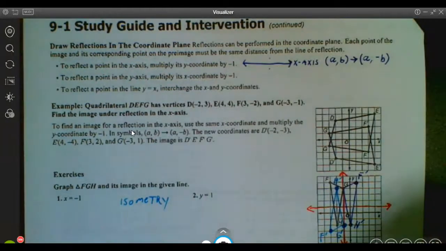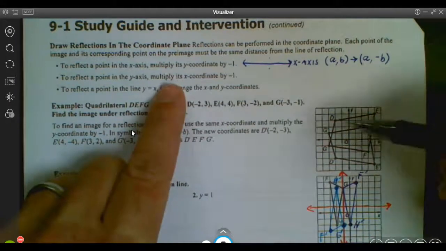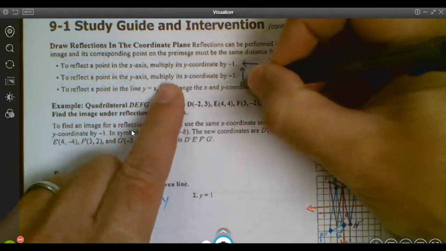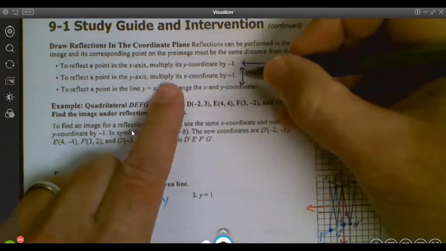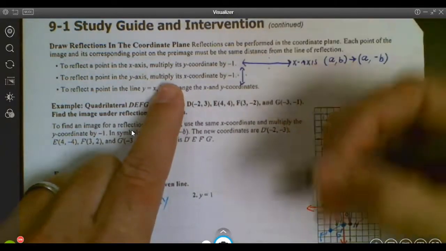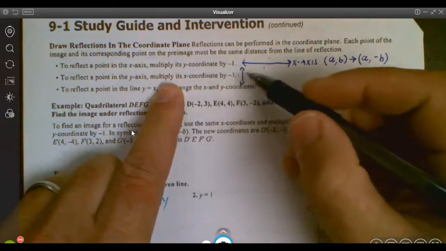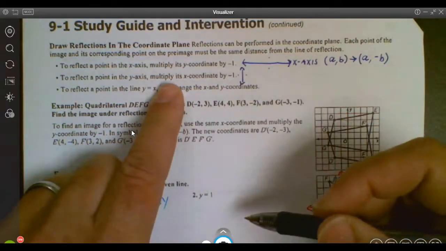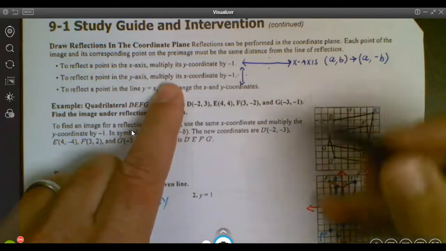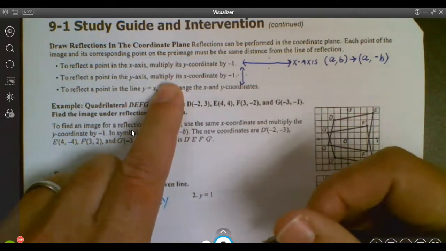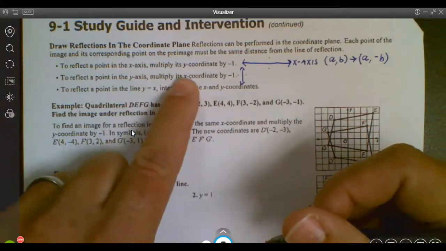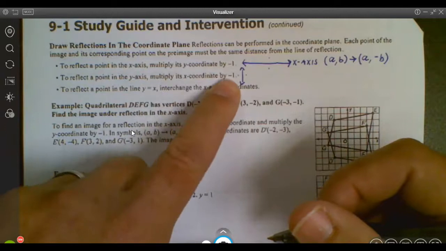What about the y-axis? This is the one we're about to do here in a second. If I reflect a point across the y-axis, so here's my y-axis, and we're reflecting this way. You notice on this one, now we're reflecting left and right. So what do you think would be affected? The x-coordinate, right? So if I reflect across the y-axis, now it's my x-coordinate that is changing signs.